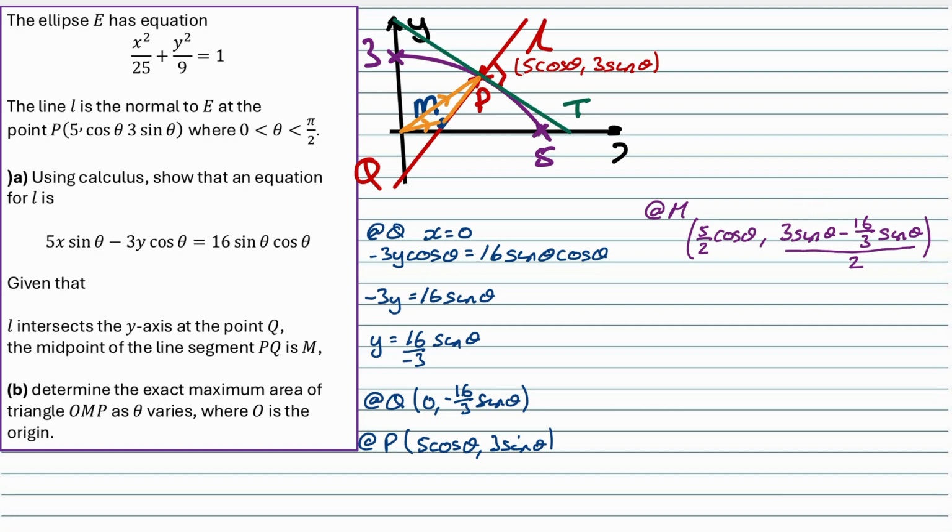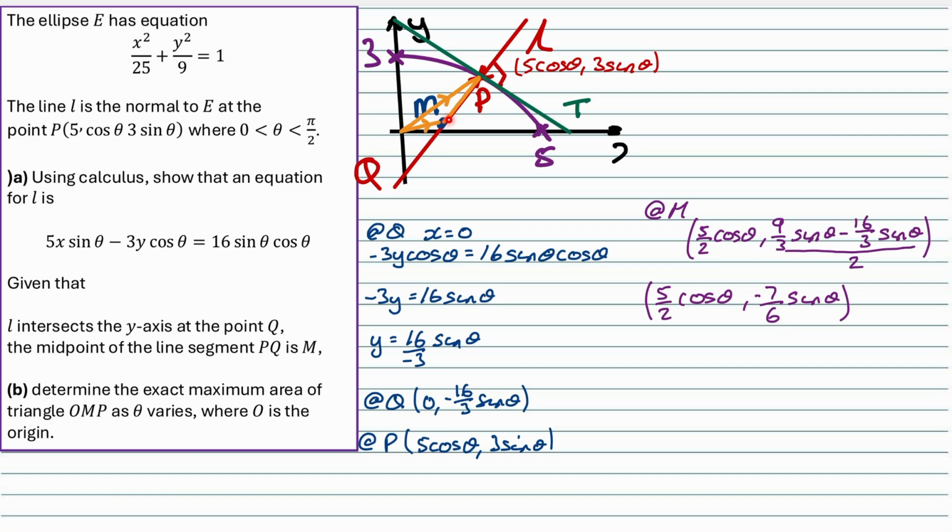I can tidy this up because 3 sine theta is 9/3 sine theta, and then we have 9/3 take away 16/3. So the general coordinates for M will be 5 over 2 cos theta, and we can tidy this up, we'll get negative 7 over 3 divided by 2, so negative 7 over 6 sine theta. So this is the general coordinate for M.